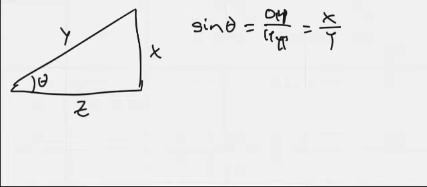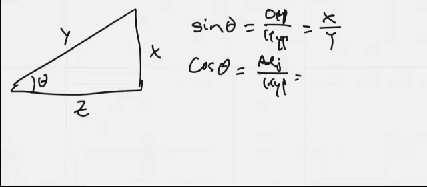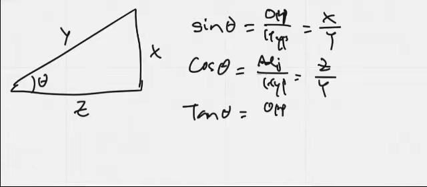And the cosine of theta will be adjacent over hypotenuse, which will become z over y. The tangent will be opposite over adjacent, which will become x over z.